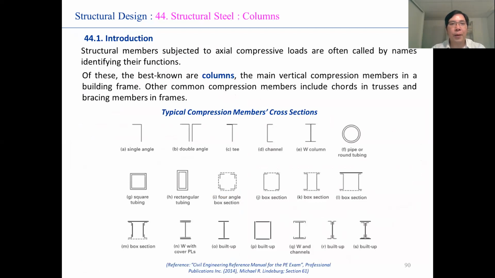So the best known is columns, the main vertical compression member in a building frame. Other common compression members include struts in chassis and bracing members in frames. Here are some typical compression member cross sections.